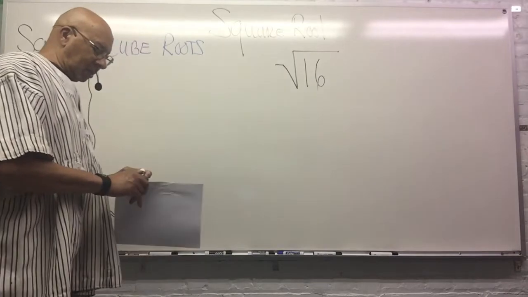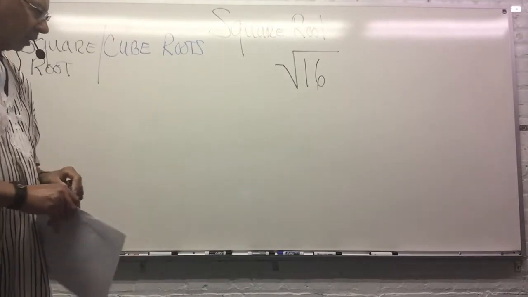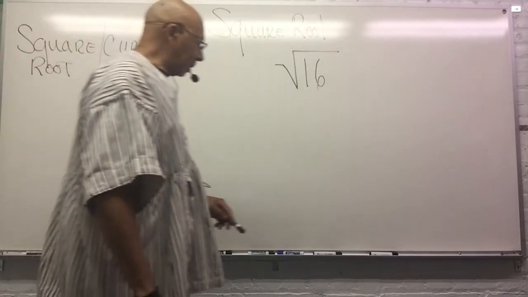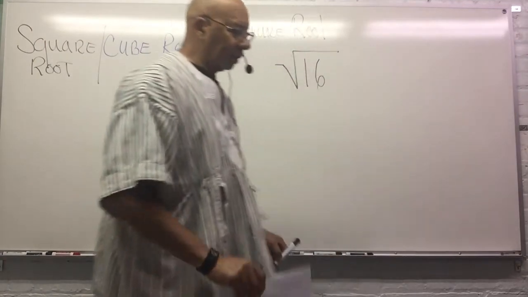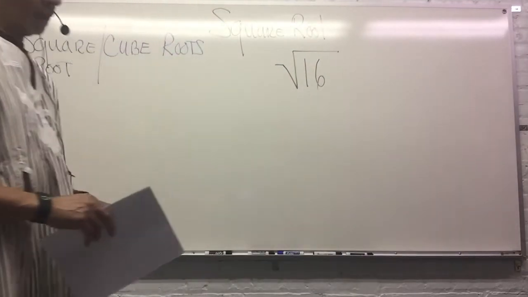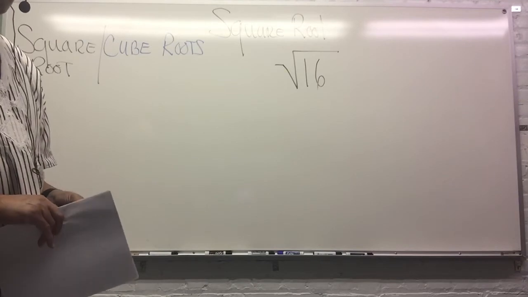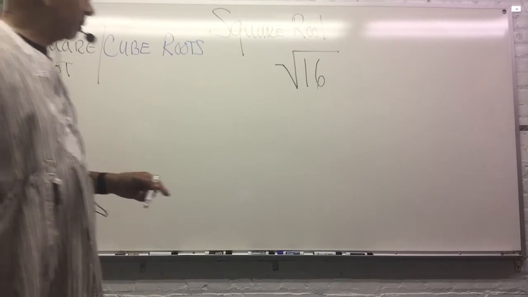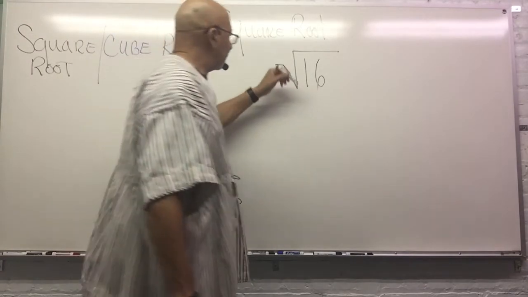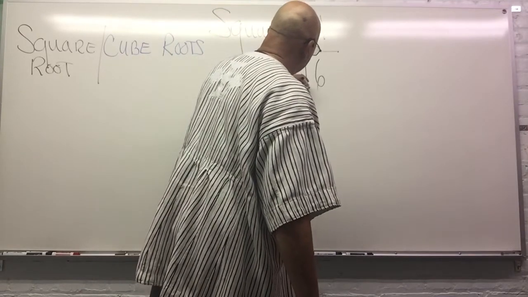So what does the square root mean? The square root means that I'm looking for a number that could be used as a factor 2 times to make the number inside the square root.